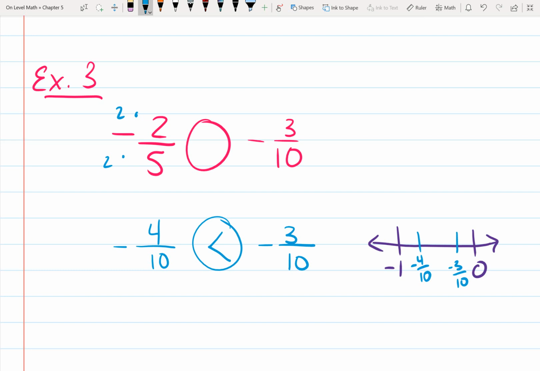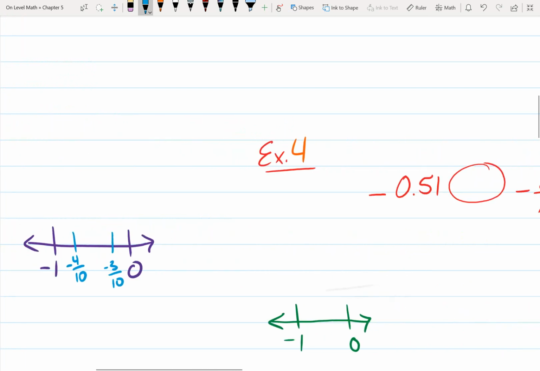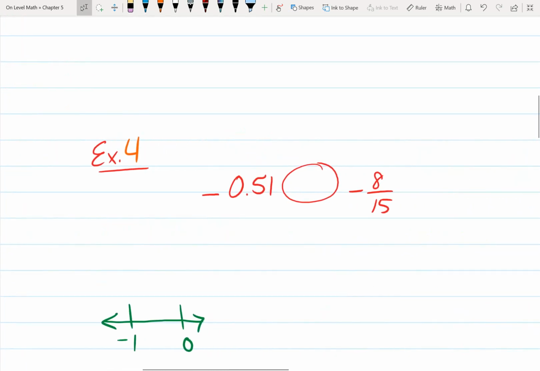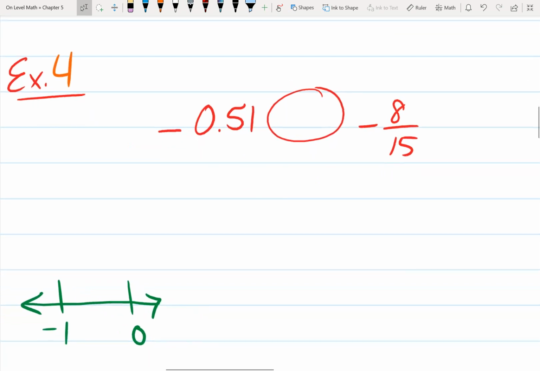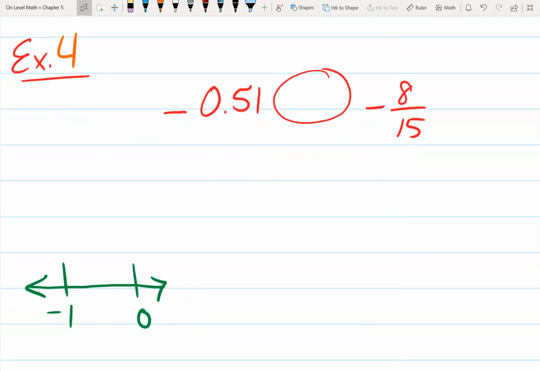Alrighty, example 4. Here's where we're moving into decimals. So I've got a decimal and I've got a fraction. I recommend, because these fractions are going to be kind of gross and the common denominators might be a little difficult to find, making these fractions into decimals, which is what we did last section, right?